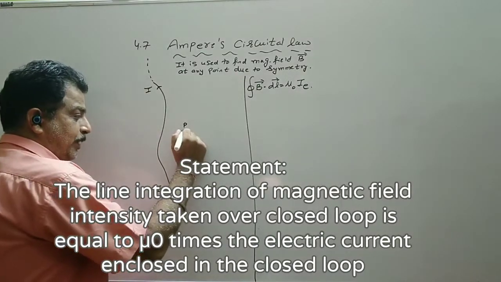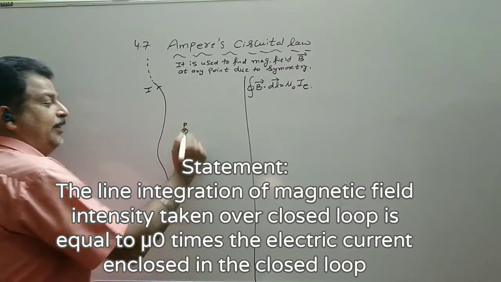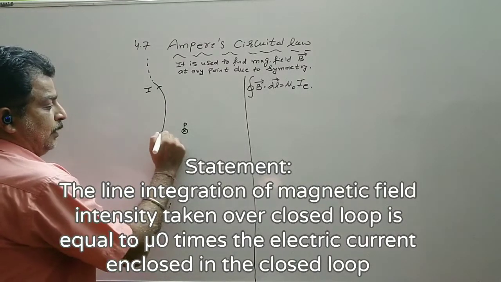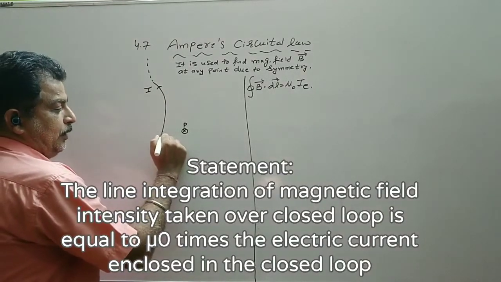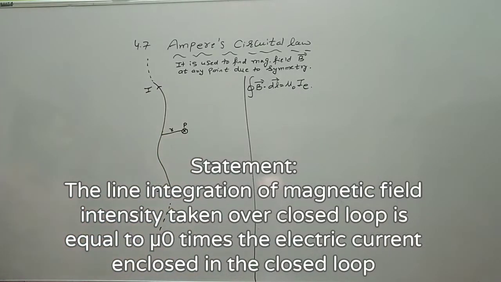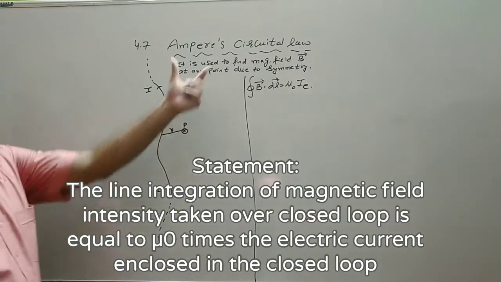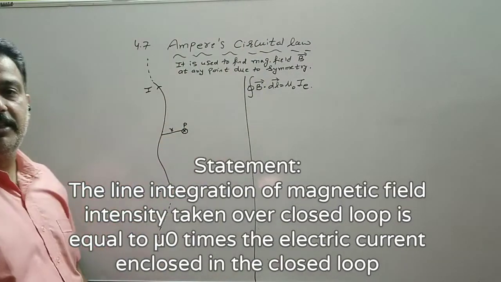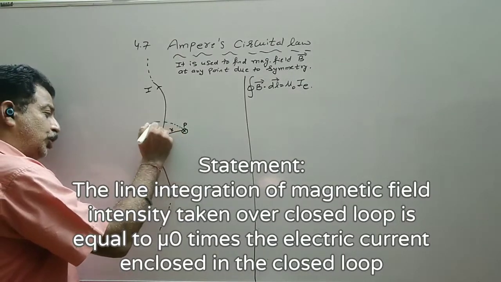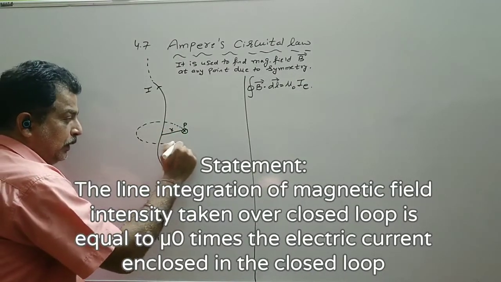So if I want to represent the direction of magnetic field intensity, it should be a cross. Again, take the distance of this point to be R. Now to apply the Ampere Circuital Law, the first step is we will consider an Amperian loop. So this is an Amperian loop.